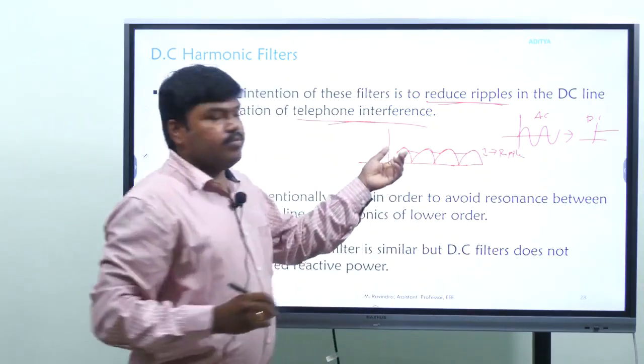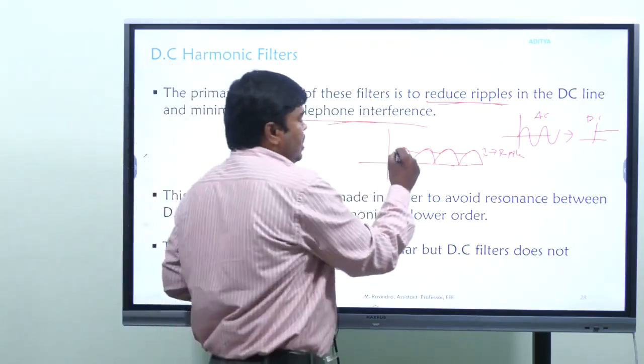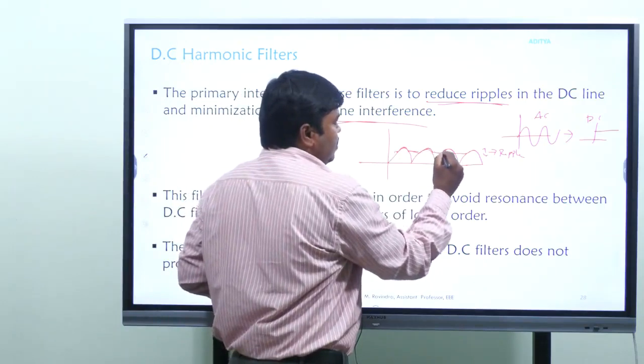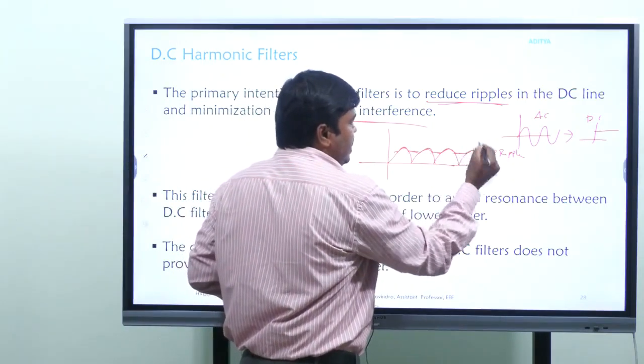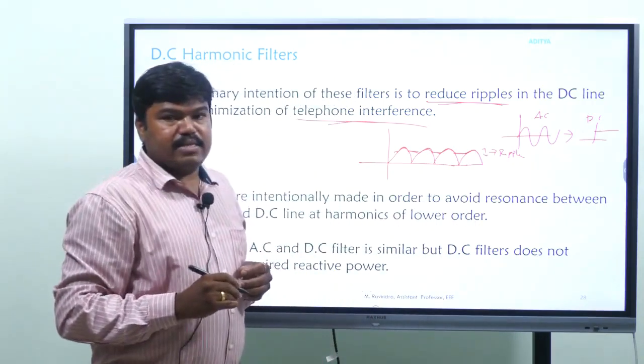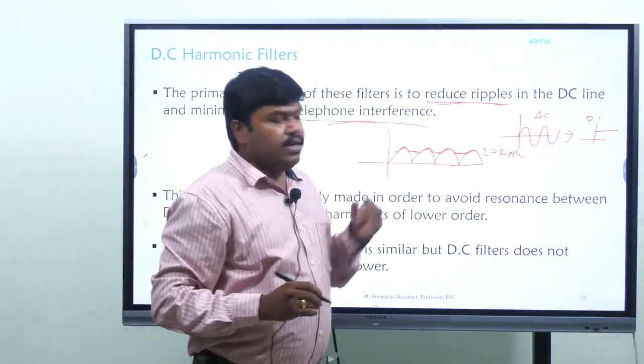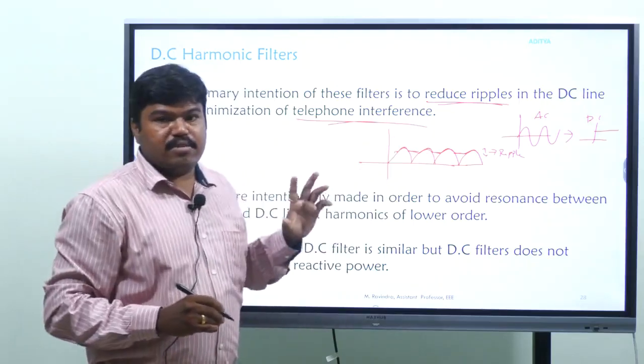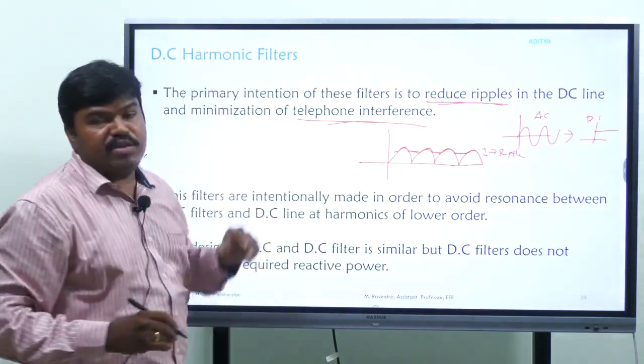The ripple content is produced here. Exact DC supply is not produced; it comes out with some ripple. To smooth out this ripple, we use smoothing reactors and also DC harmonic filters.